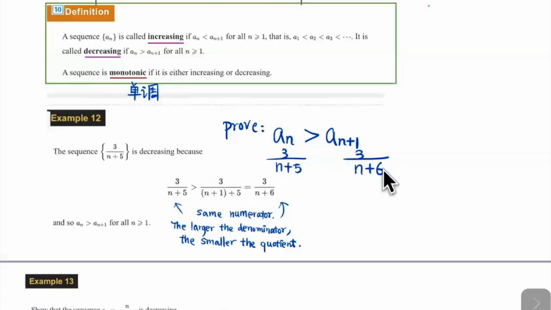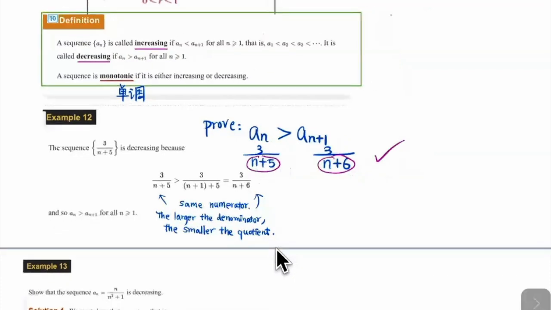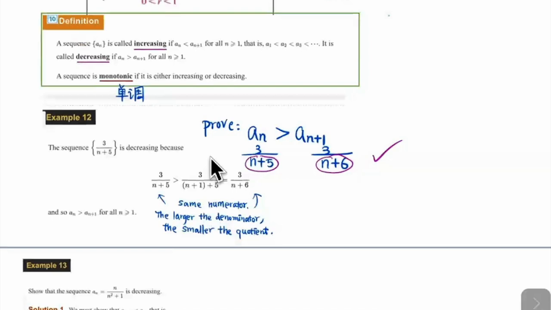Can someone tell me? Yeah, they have the same numerator, but the denominator is bigger, so that one is smaller. Same numerator, the larger the denominator, the smaller the quotient, right? So this one here is clear. So we prove that this is actually decreasing.